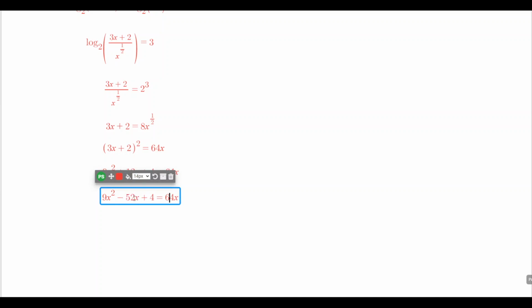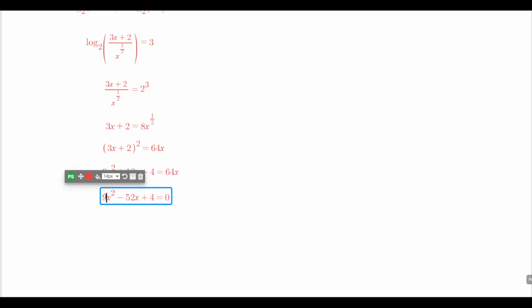All right, equals 0. Now, wow, we can't reduce anything here. This is going to be a disaster. I almost am on the verge of saying, hey, we should just use the quadratic formula on this guy. I'm not even going to bother trying to factor it because this would be too big.